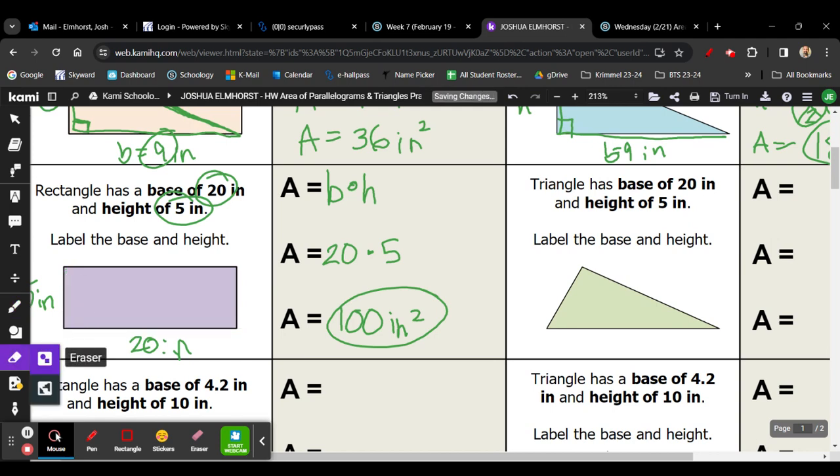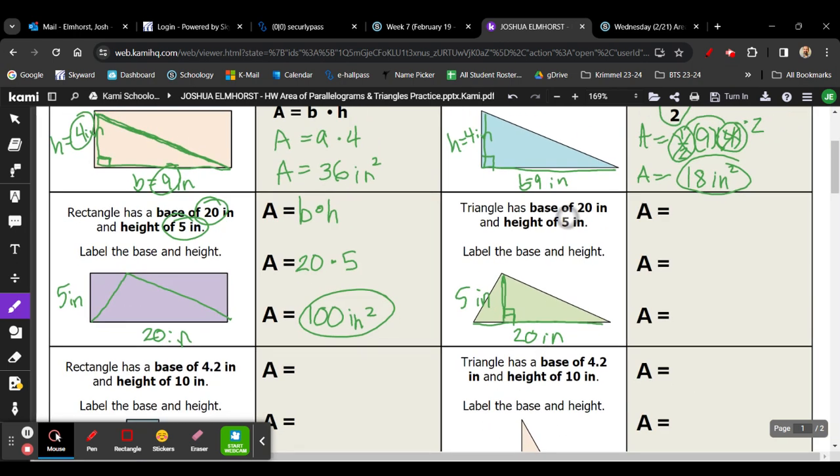And trying to make a connection over here with a base of 20 and a perpendicular vertical height of 5 inches. That would be taking half of the rectangle where we have the same base, same height, to get the area of the triangle.